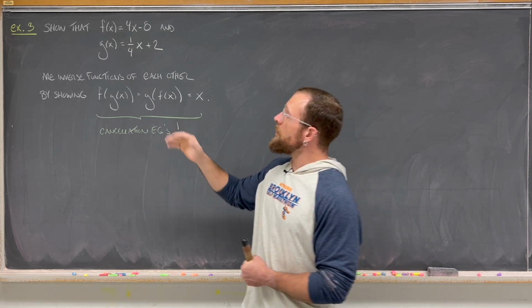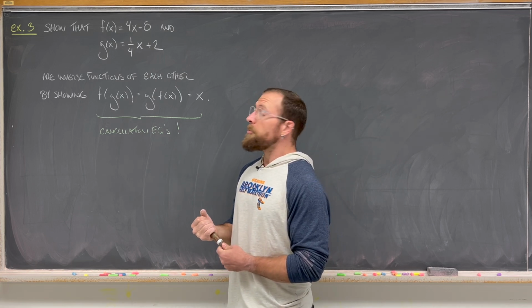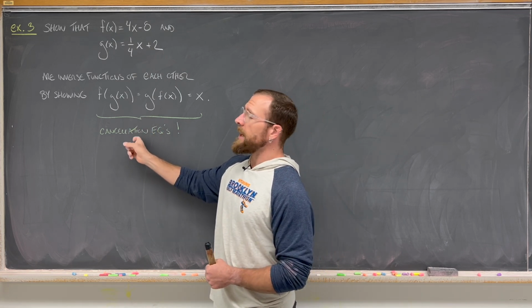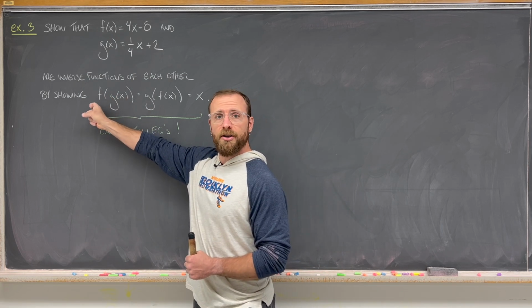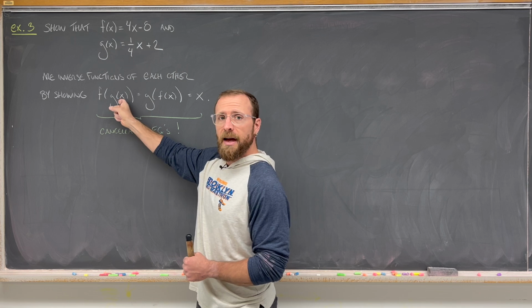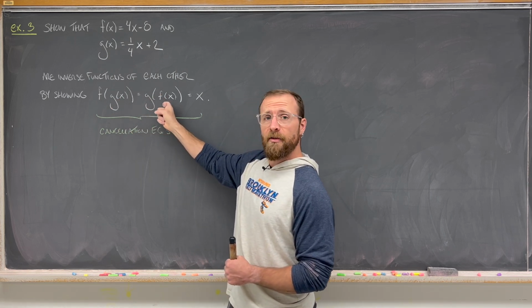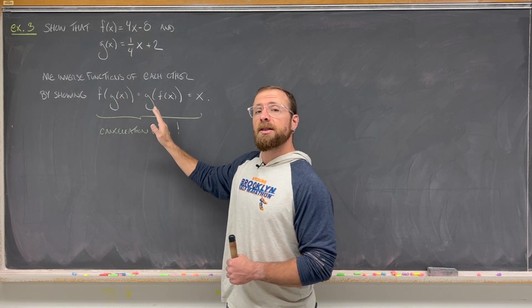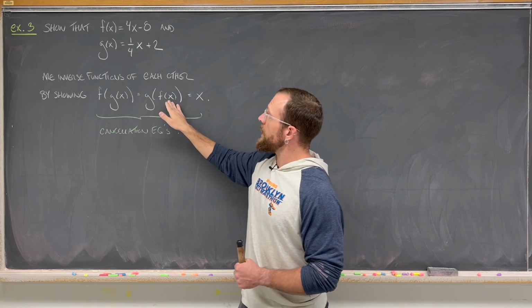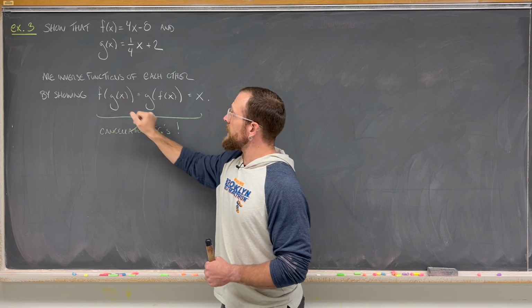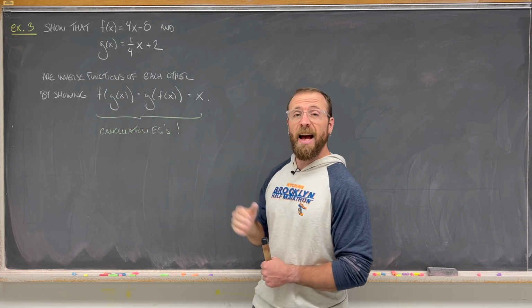And I want to show that they are inverse functions of one another by showing that they obey the cancellation equations, which is to say that when you compose these functions, whether you do f of g of x or g of f of x, either one is going to return right to the original input. No matter what x is, f of g of x and g of f of x are x.